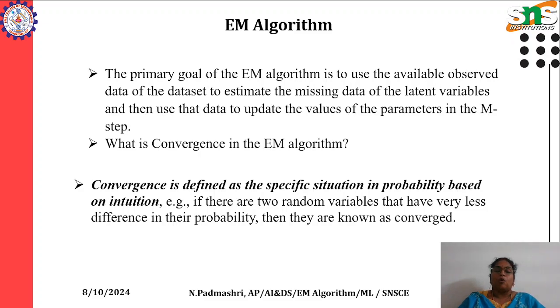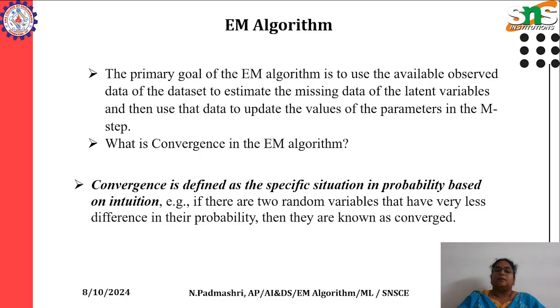They are also called latent variables. So the EM algorithm is going to analyze those unobserved variables and optimize the parameter values of those variables in order to make the expectation maximization, which means increase the values of the parameters and improve the performance of the algorithm. This is the main primary goal of the EM algorithm.